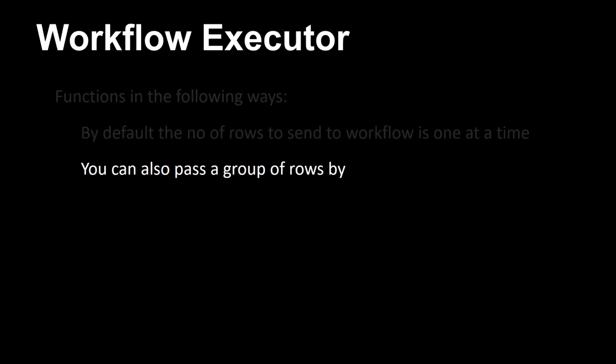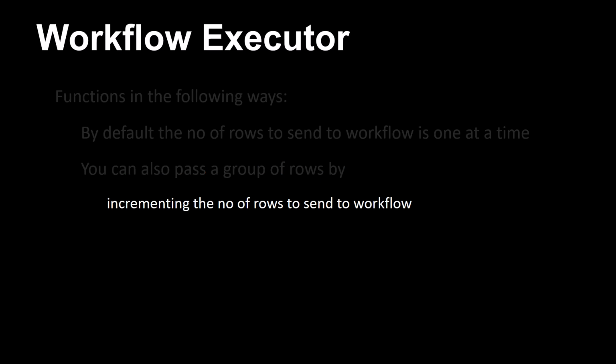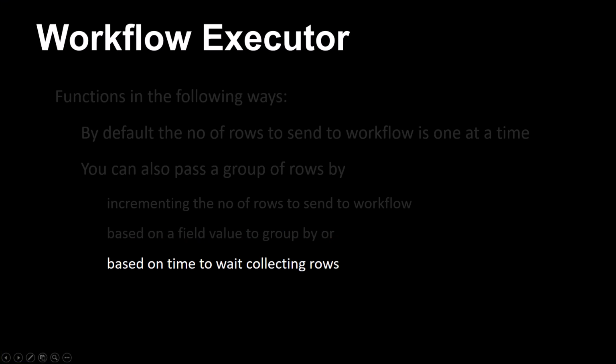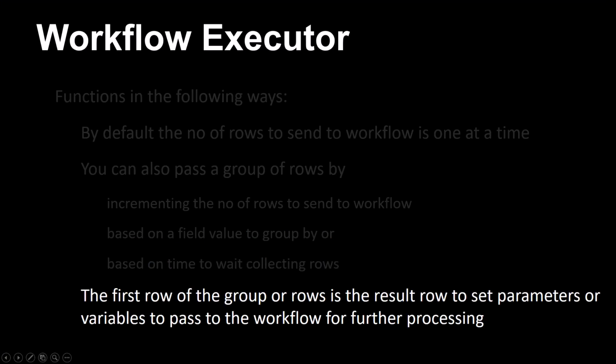You can also pass a group of rows by incrementing the number of rows to send to the workflow based on a field value to group by, or based on time to wait to collect rows. The first row of the group of rows is the result row used to set parameters or variables to pass to the child workflow for further processing.